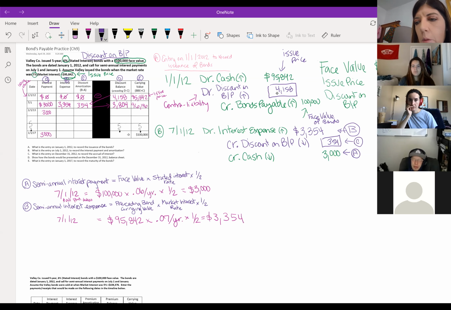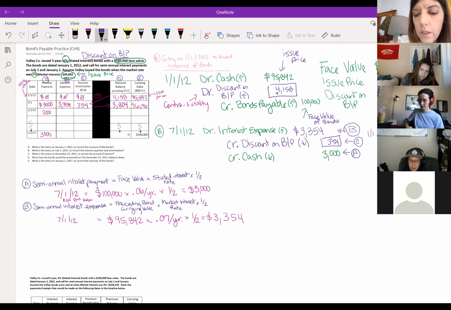So after this amortization on 7/1, the balance becomes 3,804. So we have to directly reduce that discount account. The reason why it's not interest payable is because we're paying out interest on this date. If it was going to be a credit to interest payable, we wouldn't have this credit to cash on the same date.